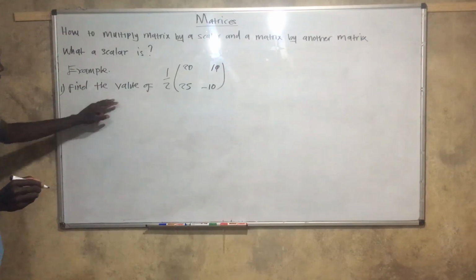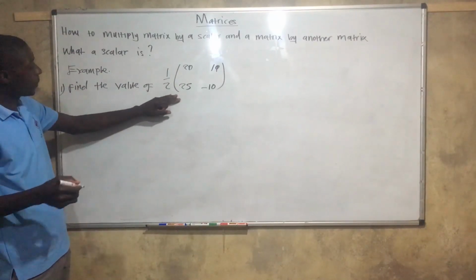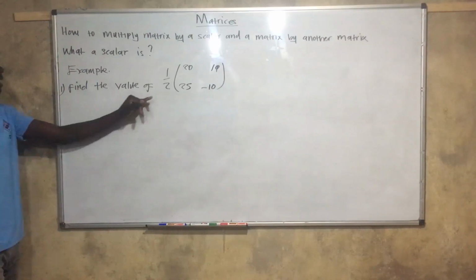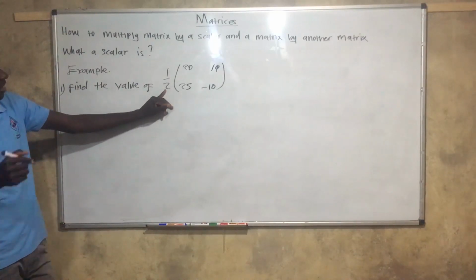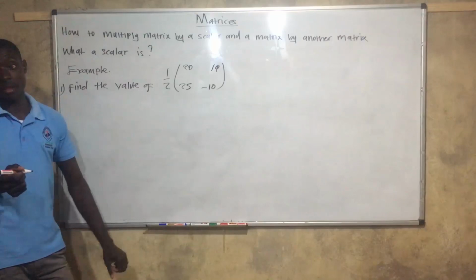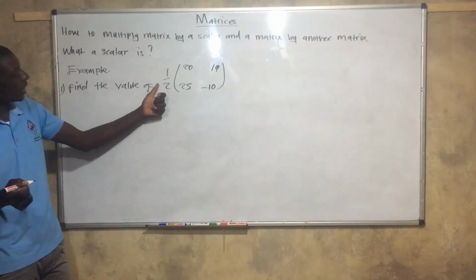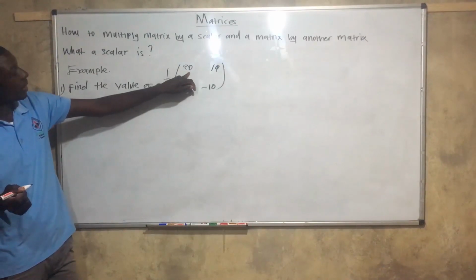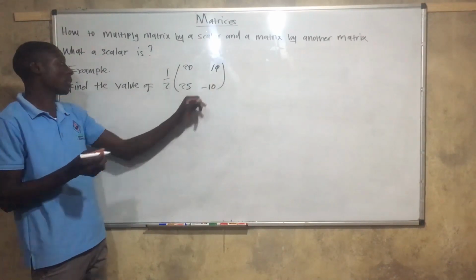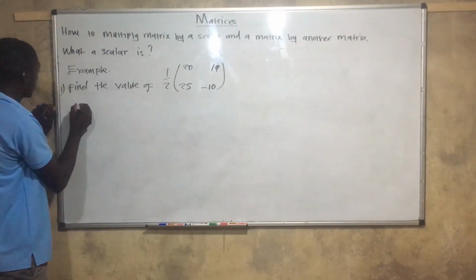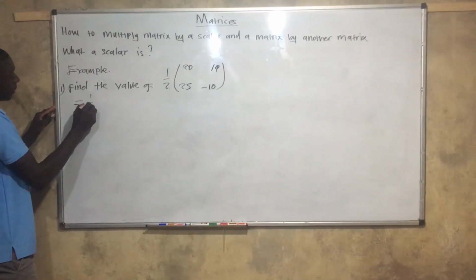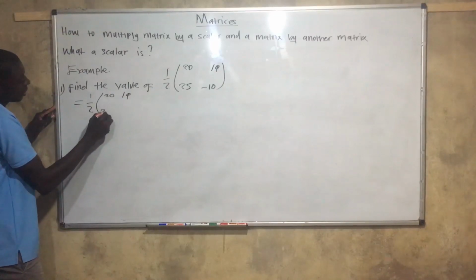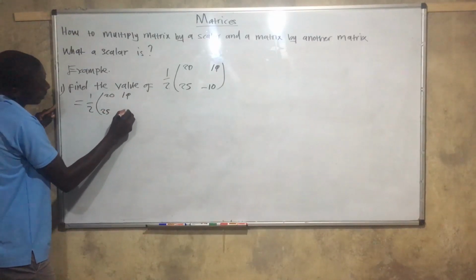So, find the value of half multiplied by this matrix. So, we are multiplying this scalar by this matrix. It's just to multiply this number outside, which is a scalar, by each number in this matrix. So, this is half multiplied by 20, 14, then 25, -10.